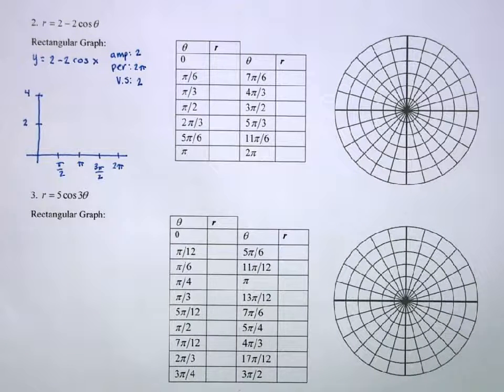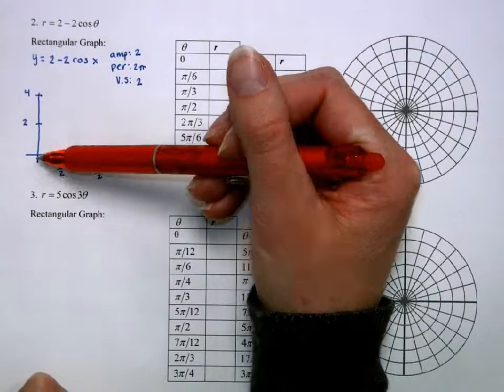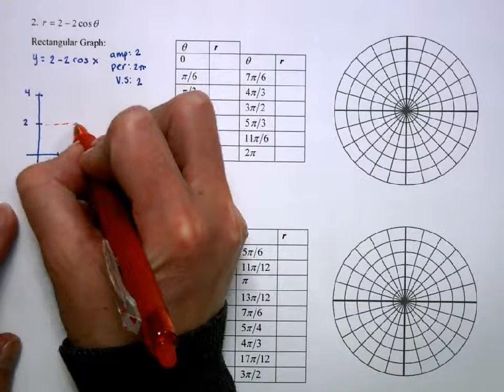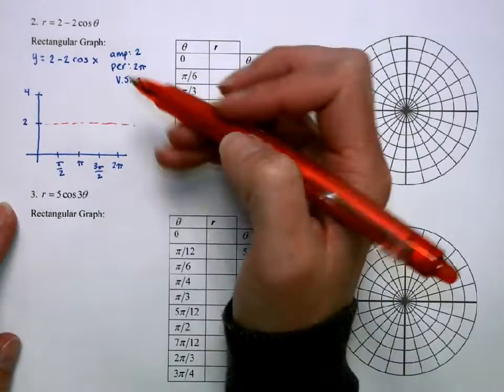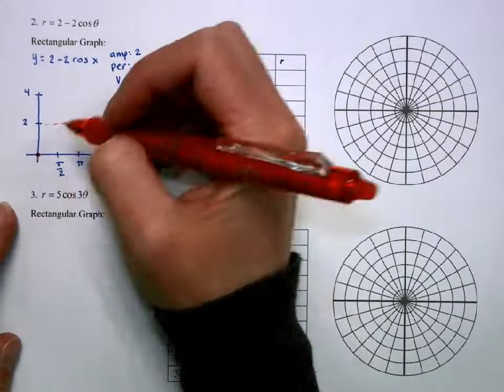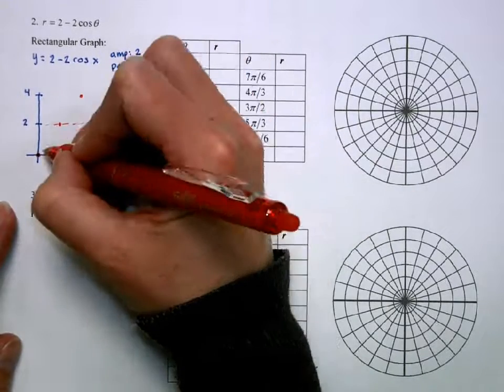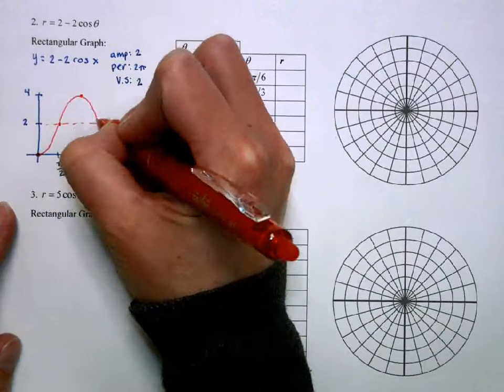So with a vertical shift of 2 and an amplitude of 2, my maximum value is going to be at 4, and my minimum is going to be at 0. My midline is going to be here at 2. We are graphing a negative cosine, so it's going to start at the minimum, which is 0, to the midline, to the max, to the midline, like so.